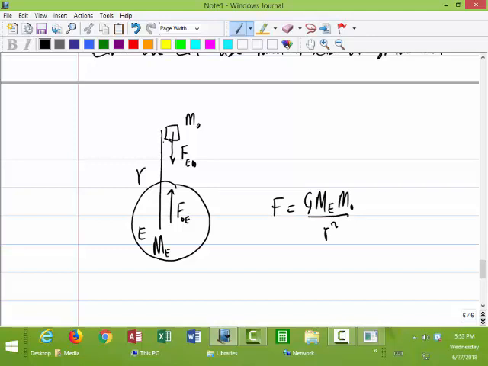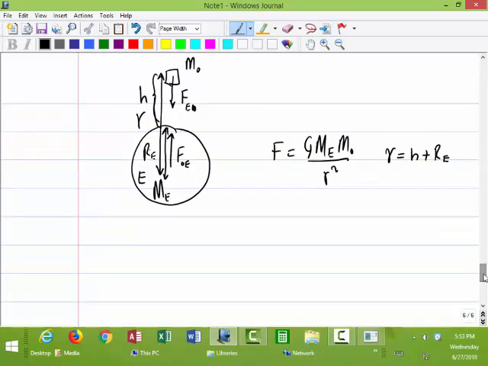This distance has a component h, which is the height of the object above the surface of the Earth, and this portion is the radius of the Earth, r subscript e. So r is equal to the height h plus the radius of the Earth, and we shall use that later.